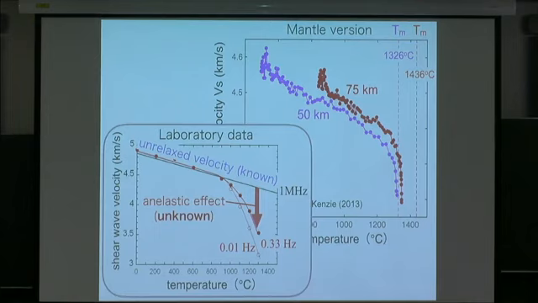And as they stated, their data is a mantle version of this curve and provides a valuable opportunity to test the applicability of the anelasticity models obtained in the experimental studies. So our models were tested by these data.